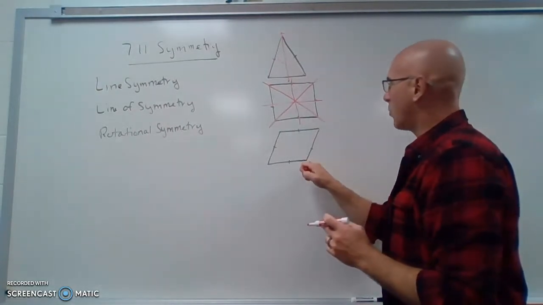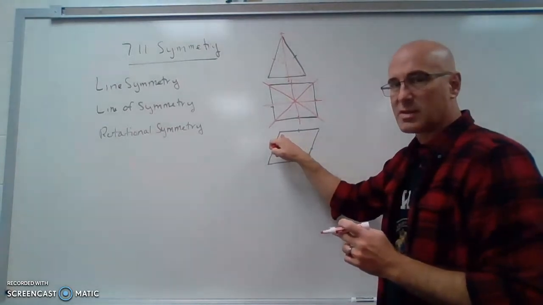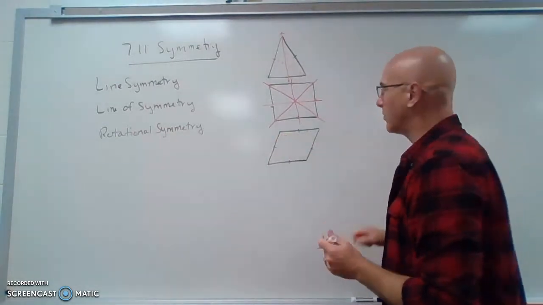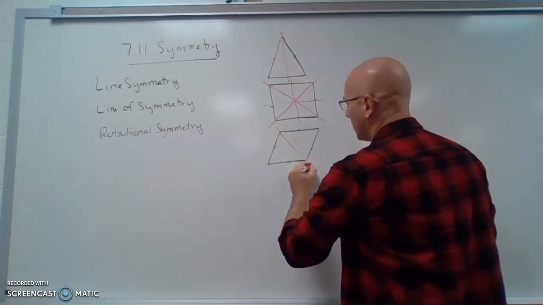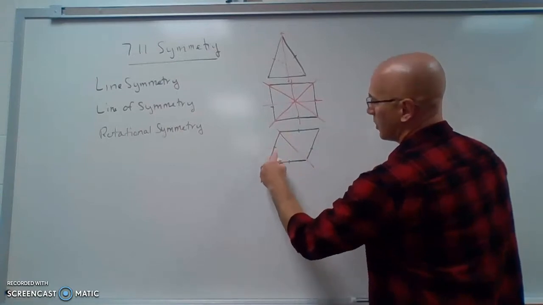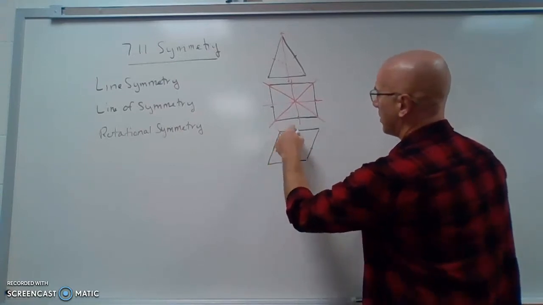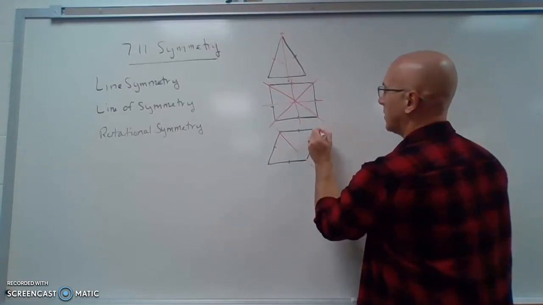Now let's look at a rhombus. So it's kind of like a square, except we don't necessarily have the 90-degree angle. So we could have a diagonal. We know that here are two congruent sides of this triangle, two congruent sides of this triangle. It'll fold up on top of each other.